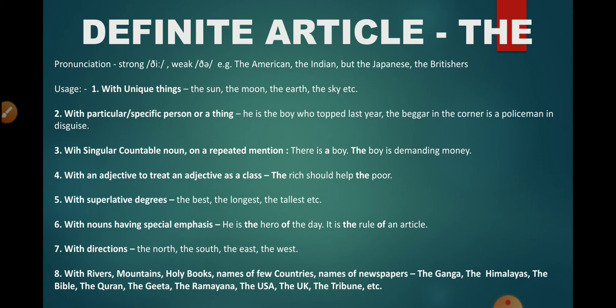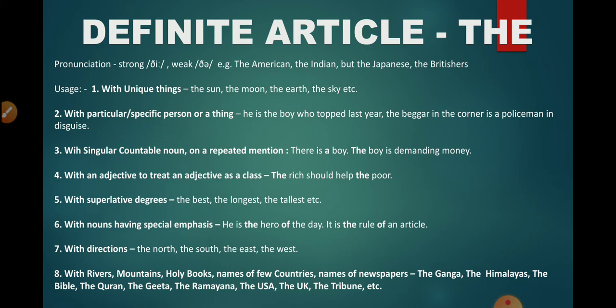The strong form, thee, is used when this definite article is placed before a word having a beginning vowel sound. For example, American. The word American begins with a vowel sound. So when we place the definite article the before it, we need to pronounce it as thee American, because American begins with a vowel sound, and before words beginning with vowel sounds we need to use its strong pronunciation, thee.